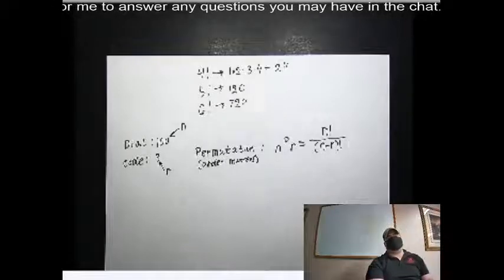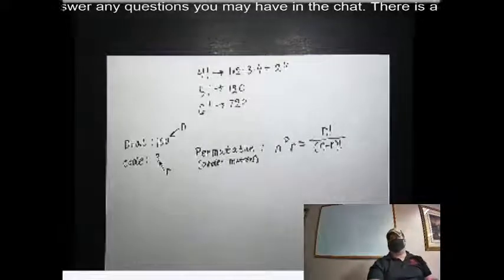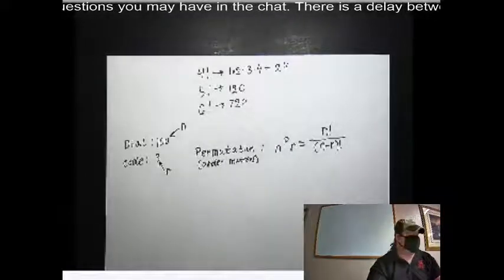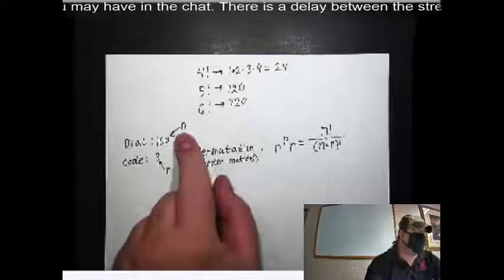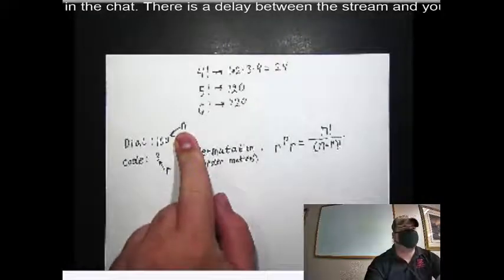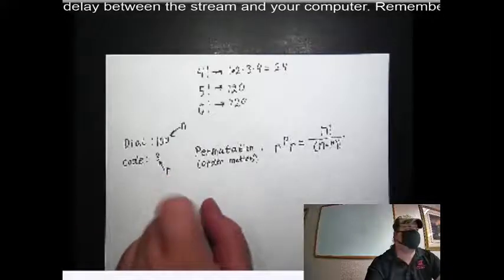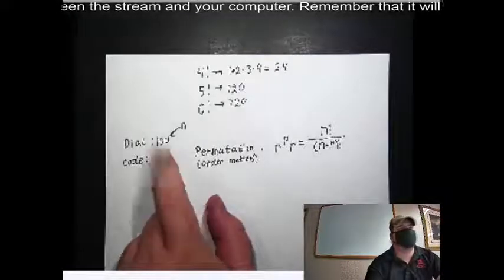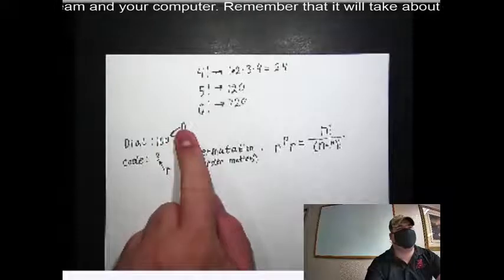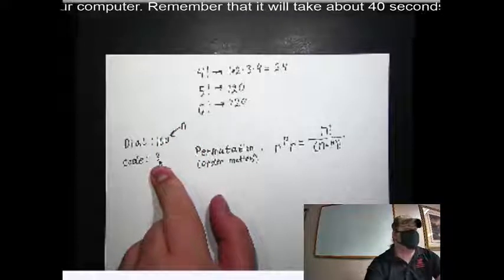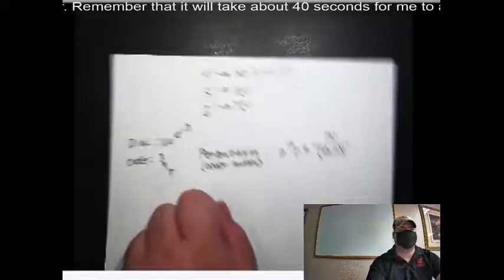For instance, if we have people running a race, the number of people running in that race would be n, and first, second, and third place would be r. Okay? But in this case, we have 100 numbers on our dial, that's our n, and the code is 3 digits long, that's our r.